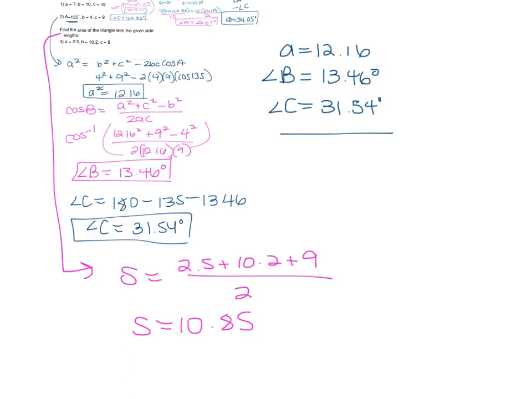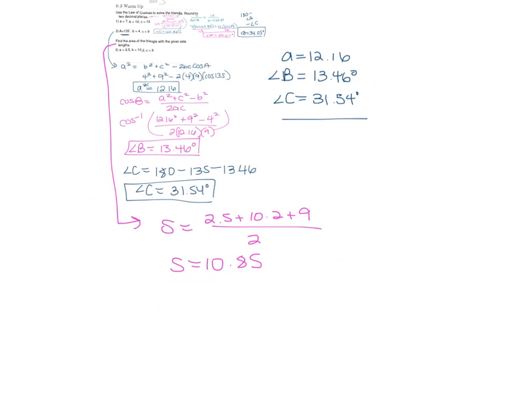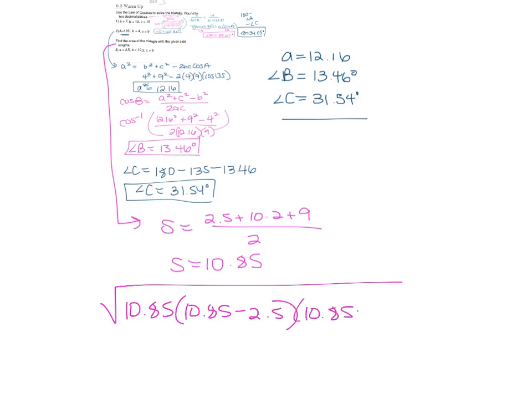And then you're going to make sure that you do not use that rounded. You keep it exactly as it is, and you type that in: square root of 10.85 times (10.85 minus A, which is 2.5) times (10.85 minus B, which is 10.2) times (10.85 minus 9, which is your C). You could type it all in, but make sure that you give me at least those pieces of information.